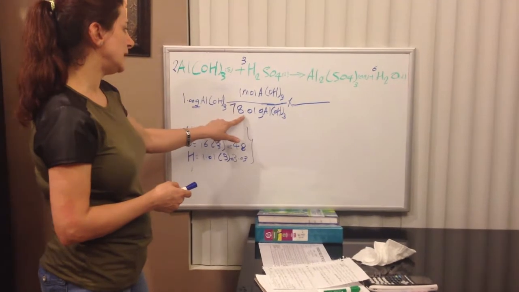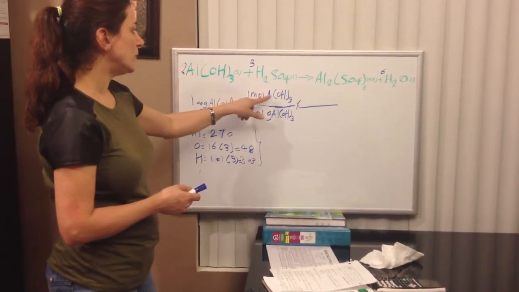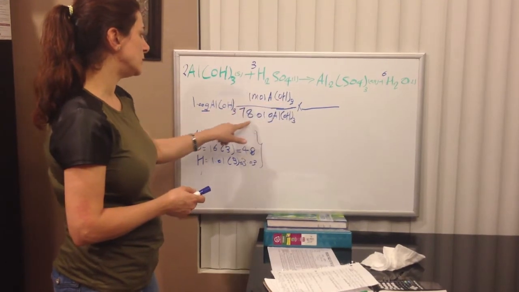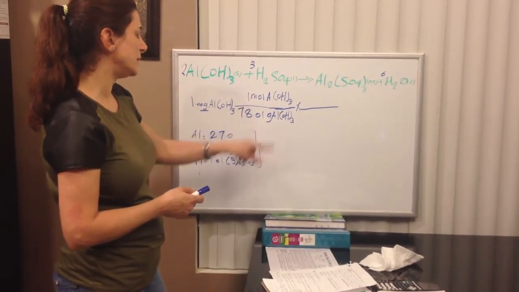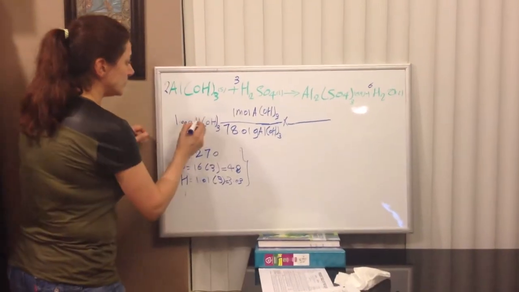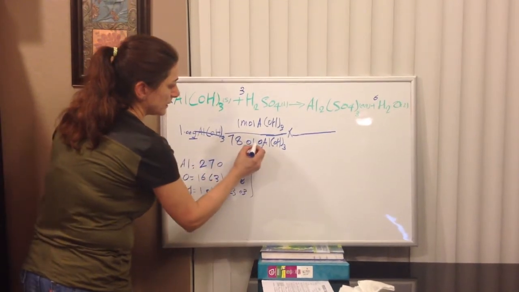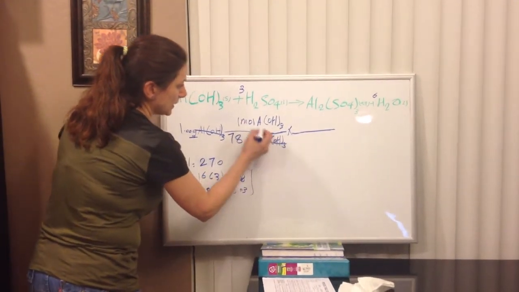I'm going to get 78.01 grams of aluminum hydroxide, which is 1 mole of aluminum hydroxide equal to 78.01 grams of aluminum hydroxide. So the grams of aluminum hydroxide cancel each other.